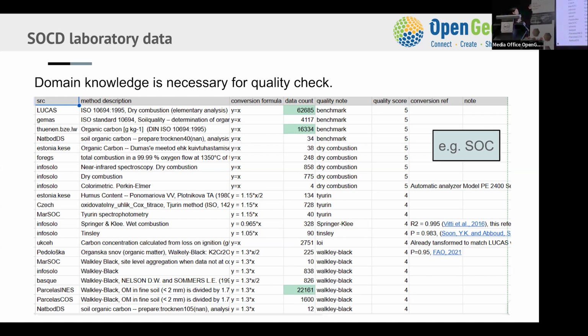They're all about soil organic carbon content, but they are measured by different methods, from different laboratories, from different years, and we have to make them consistent. We have to harmonize them to be comparable with LUCAS, which is again the benchmark data set for this soil organic carbon harmonized data. And the domain knowledge is key here. That's where we really need the input of soil scientists.